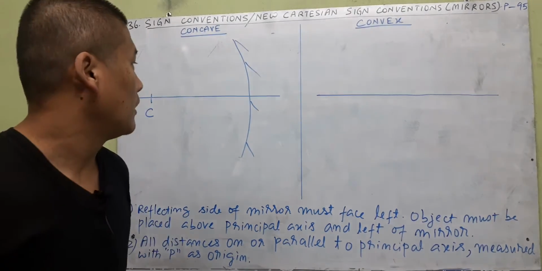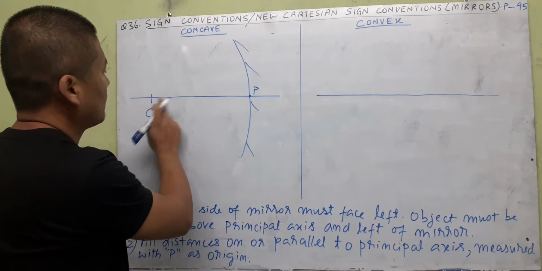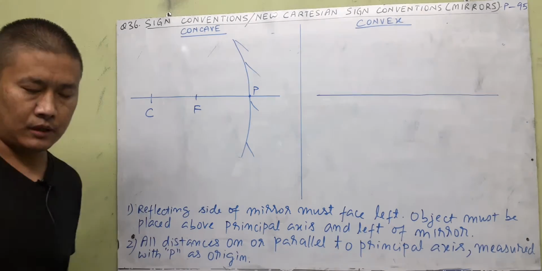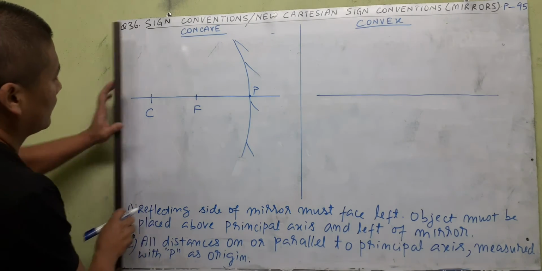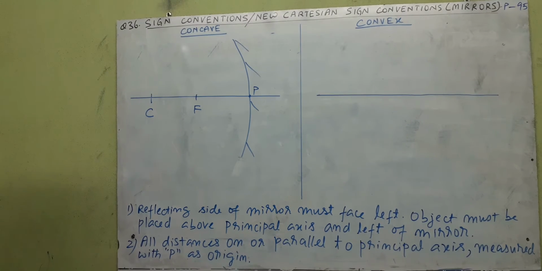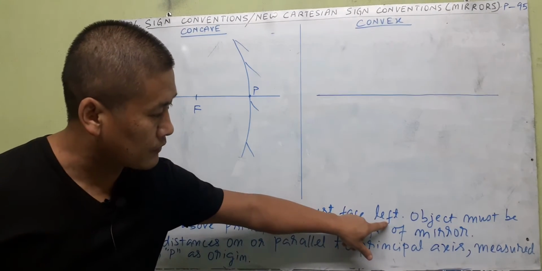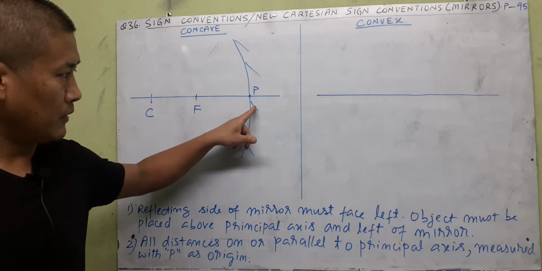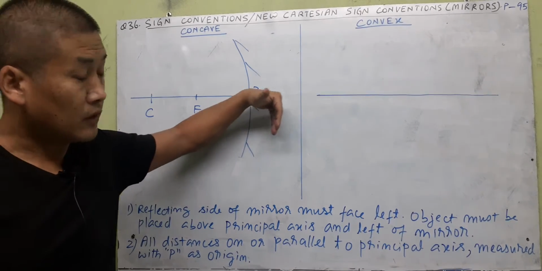Next, mark the middle point of your mirror. That is called the pole, and half of 6 is the focus, so mark those. Now let us draw an object. The first sign convention is that the reflecting side of the mirror must face the left side, just as we have drawn, with the oblique lines, the non-reflecting side, on the right.